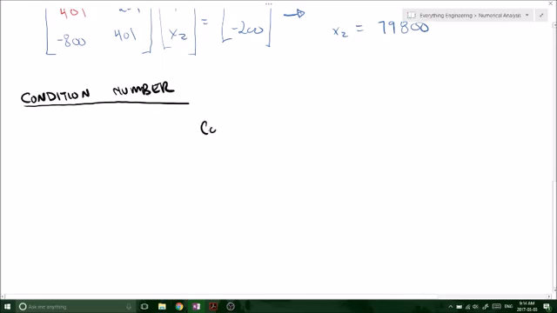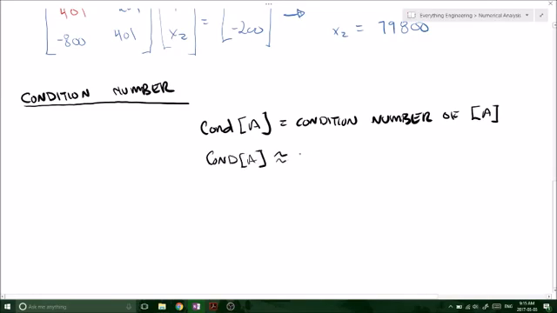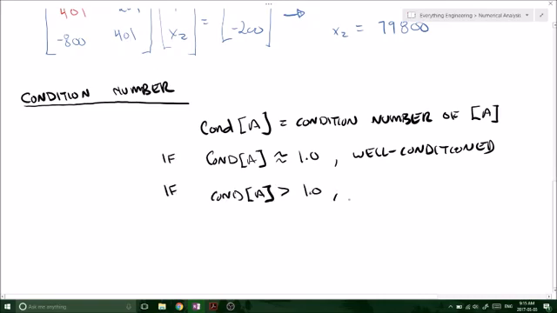It's denoted as cond A, meaning the condition number of A. If the condition number of A is approximately equal to 1, we can say it is well conditioned, and if it is much greater than 1, then it is ill-conditioned.